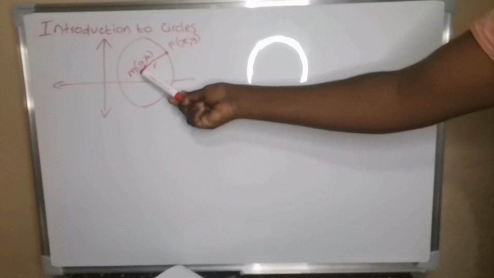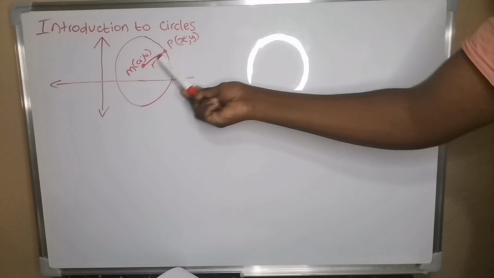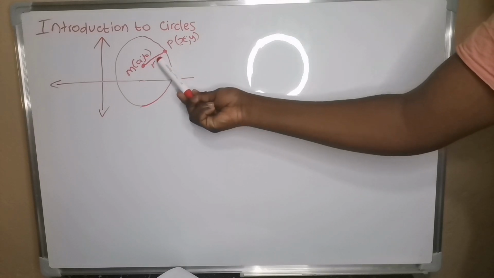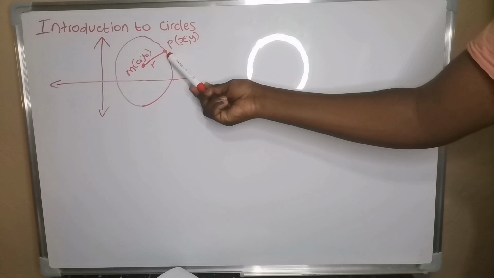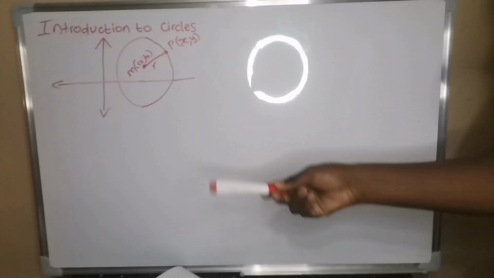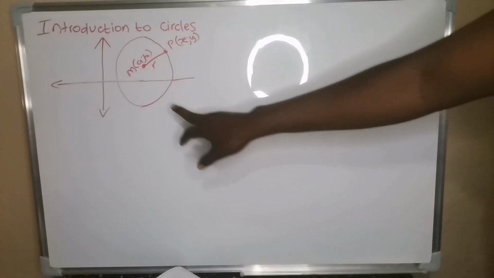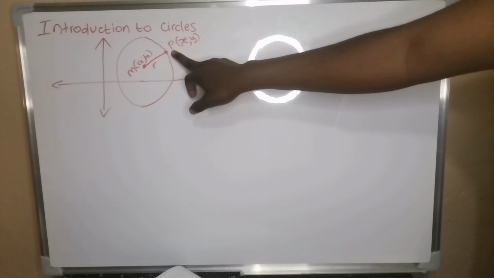So if you have a center and a line from center to circumference, it is our radius, and a point on the circumference you can call P, which has coordinates x and y. So you can find the distance from the center to the circumference through the use of the distance formula.